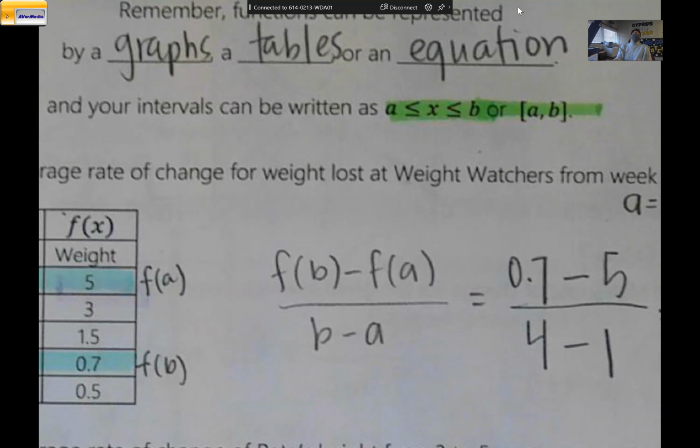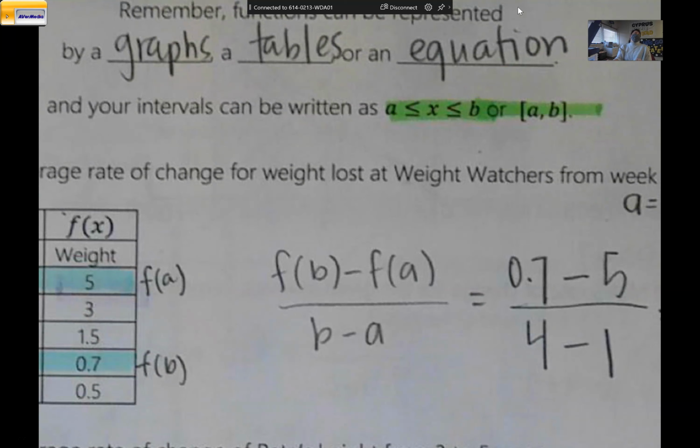So then if I'm using Desmos, I can just click on Desmos, come up here. I like to use their calculator. I can just hit the backspace button and plug it in exactly like I see it on my paper. I can plug in 0.7 minus 5, arrow down, plug in 4 minus 1, hit enter.